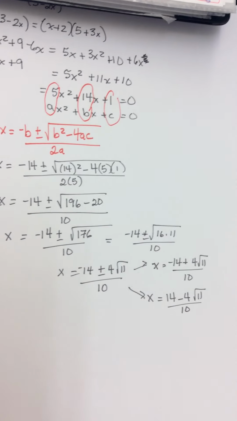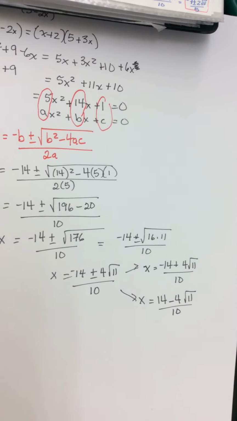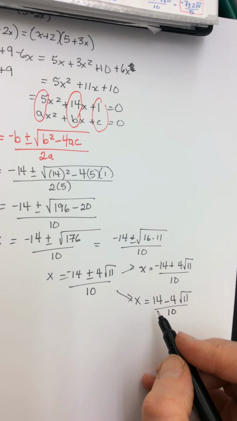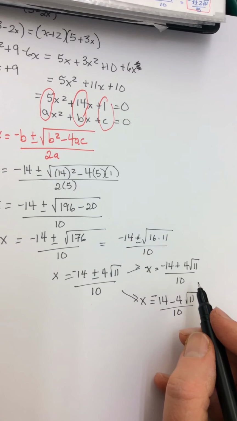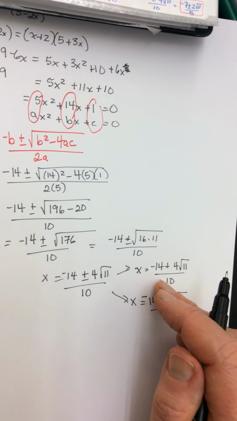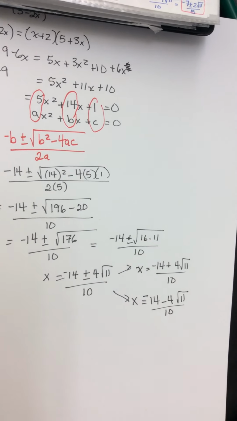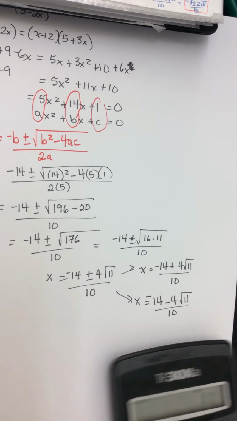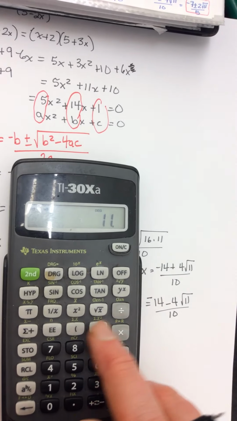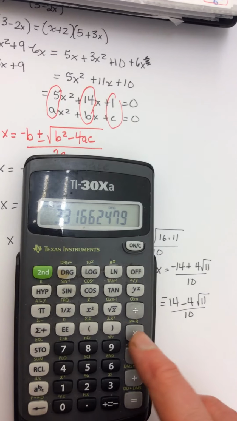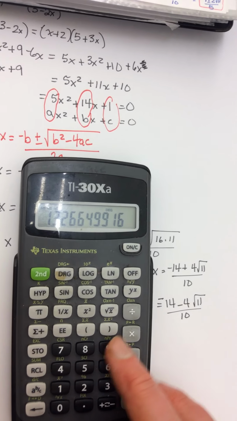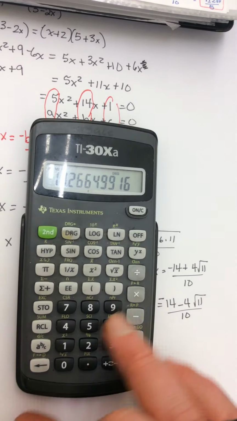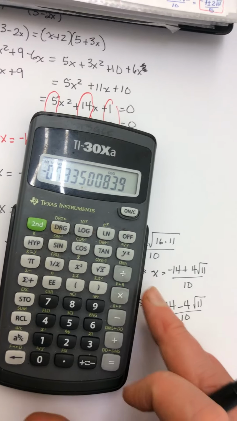In physics, when we do this, we're probably looking for time or something, and if I asked how long it took and you told me negative 14 plus 4 root 11 over 10 seconds, that wouldn't do a lot for me. So we'd probably punch this in the calculator to find out what it is. You would take the square root of 11, multiply it by 4, add negative 14, and then divide by 10.